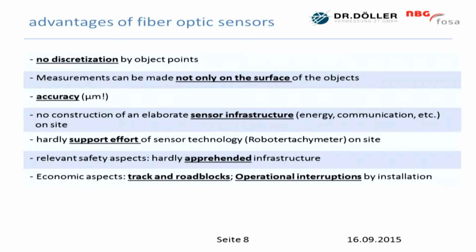As you see in the example, you can also use existing fiber installations. You have hardly any support effort for sensor technology if you compare it to robotic tachymeter systems on site. It's really safe, with hardly noticeable infrastructure. And finally, for our customers like railway or highway owners, if you install it once, you don't have to enter the railway infrastructure anymore.